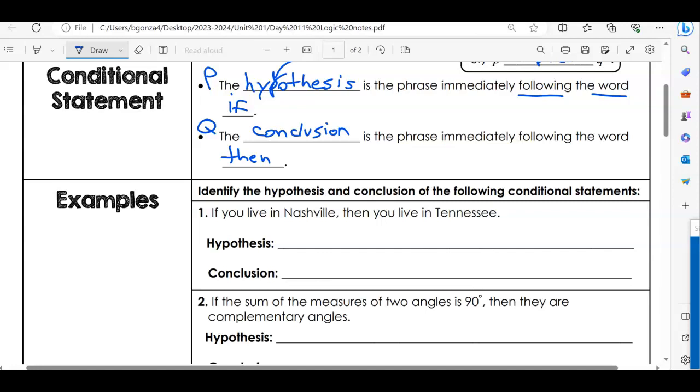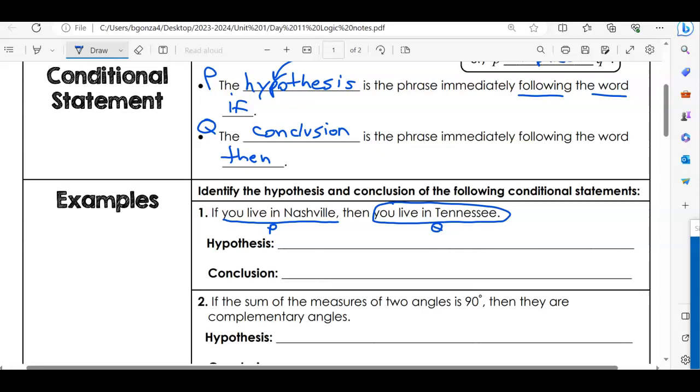Okay, I'm kidding. Now, hypothesis: what's after the word if? Right after if is "you live in Nashville." Underline it and put a little P under it. Then the conclusion: what's after then? "You live in Tennessee." That's the Q, the conclusion. Put a little Q, leaving yourself room to write.